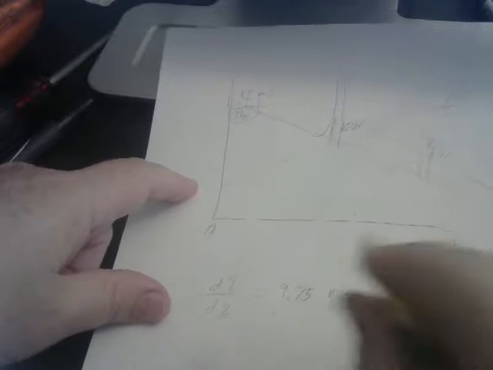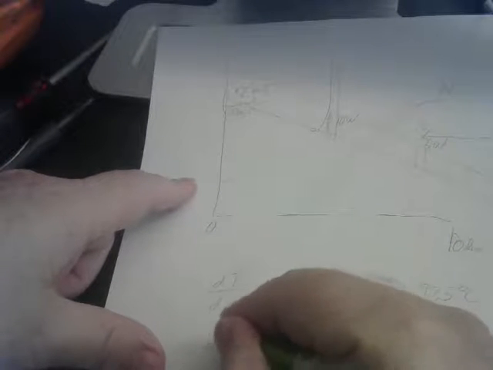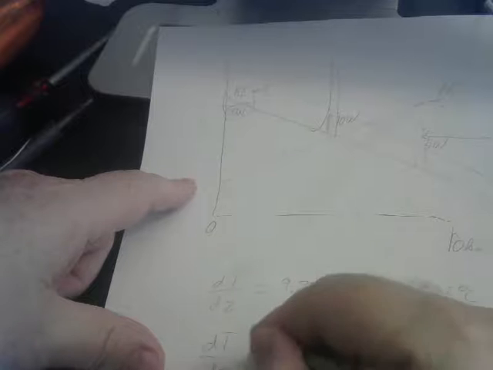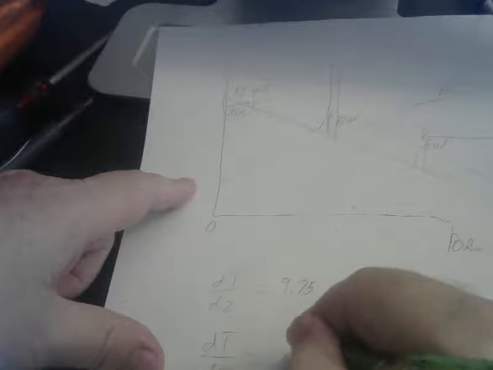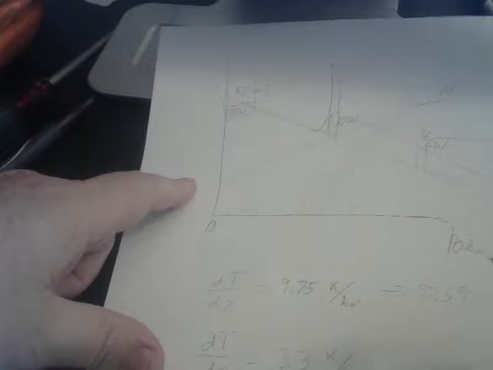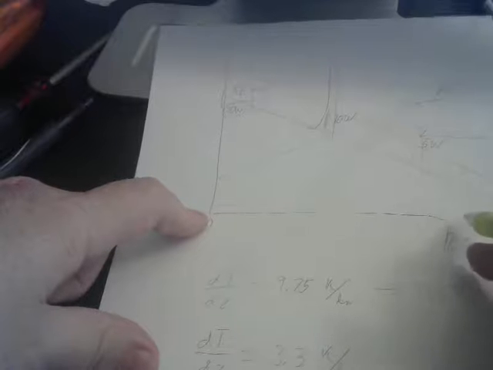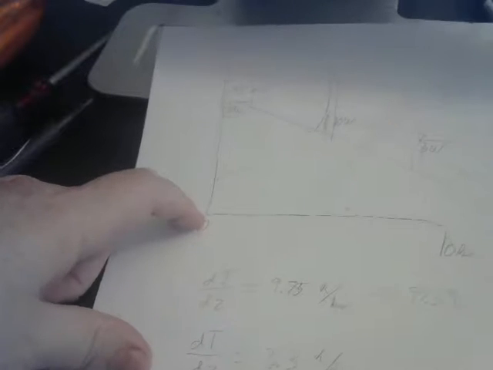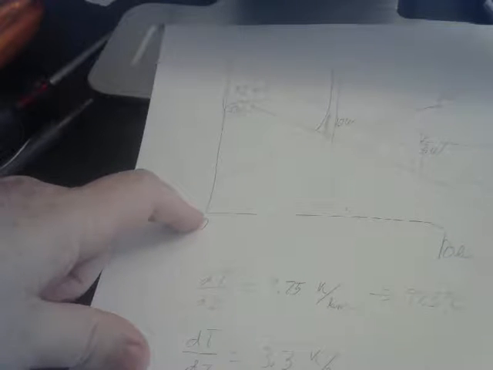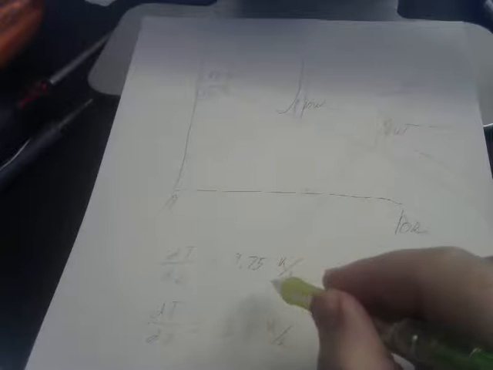But what we have with our greenhouse gases, the dT/dz is more like 3.3 Kelvin per kilometer, because the difference from 0 to 10 kilometers is only 33 Kelvin.